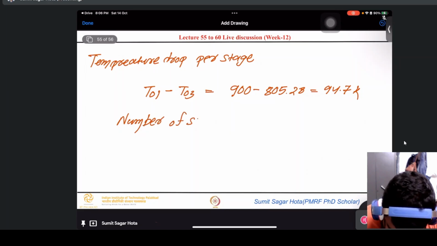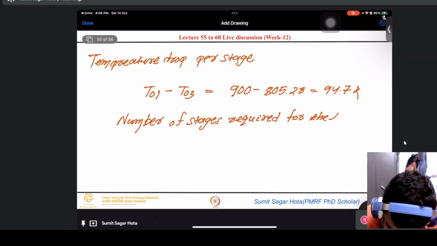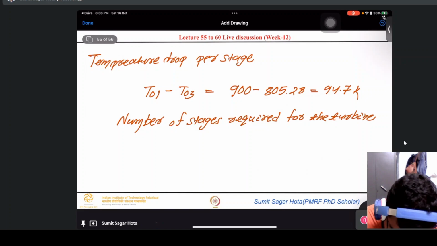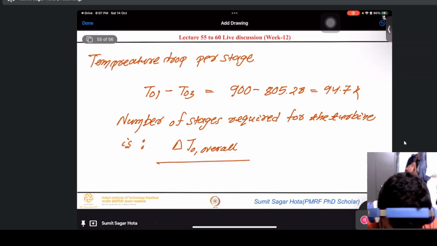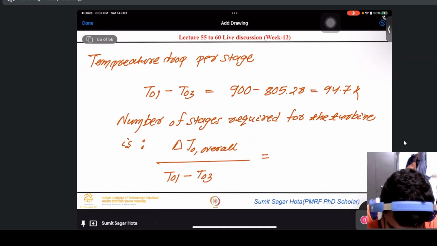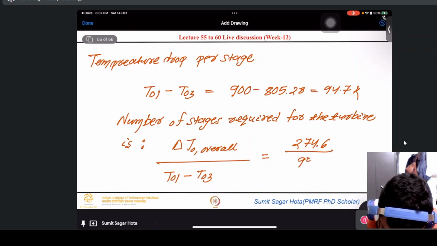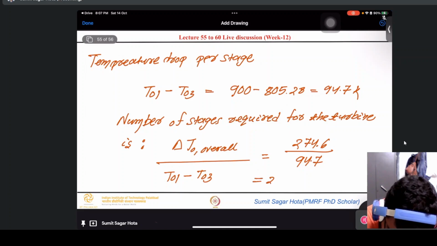The number of stages required for the turbine is delta T naught overall divided by T01 minus T03, equal to 274.6 divided by 94.7, which is equal to 2.89.